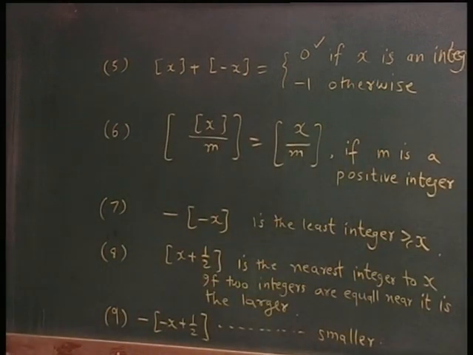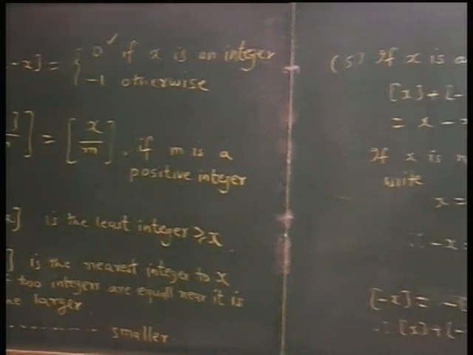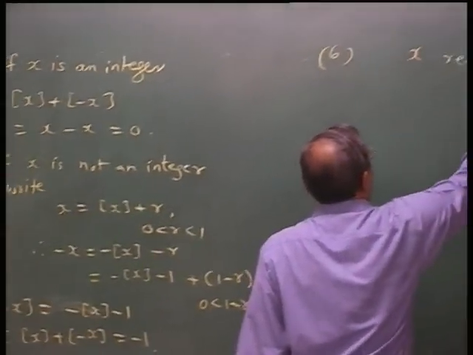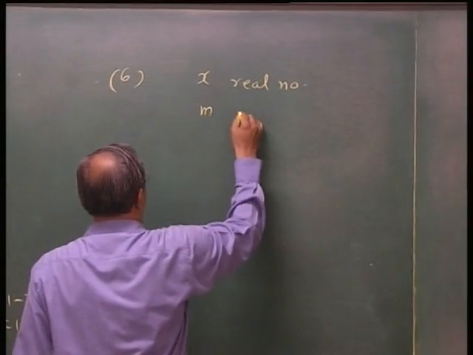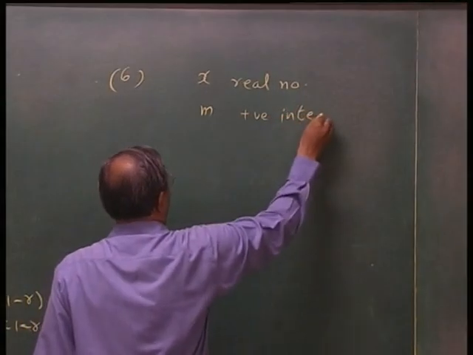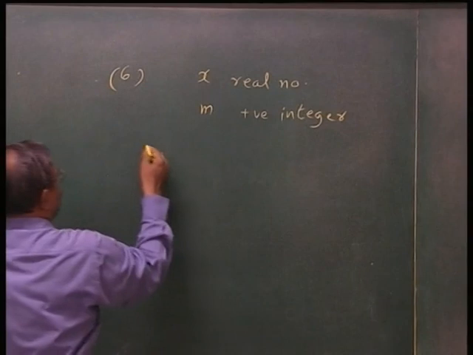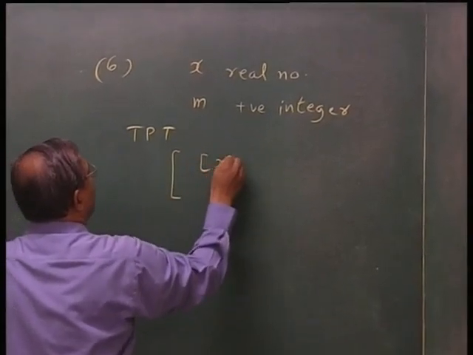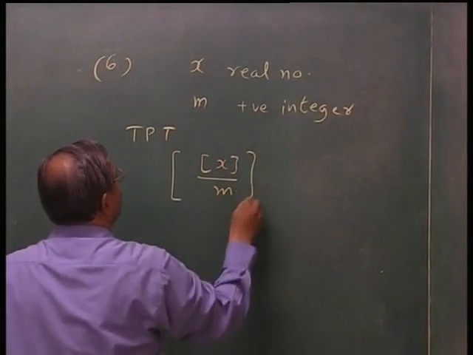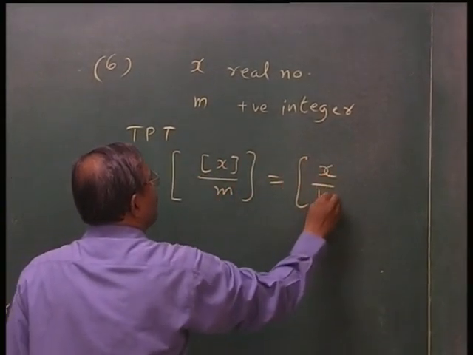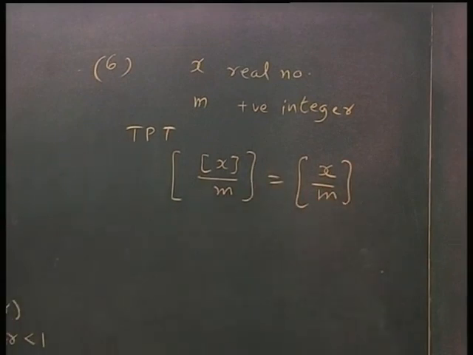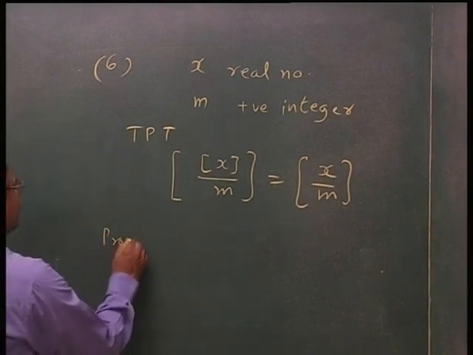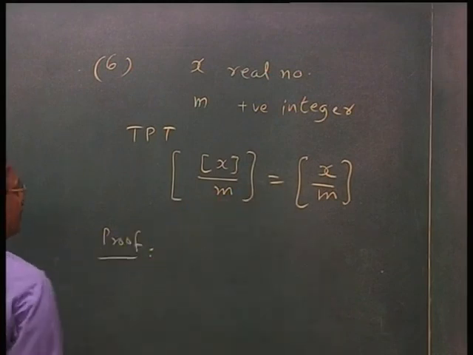To prove, so this is property 6, x real number, m positive integer. To prove that integral part of integral part of x divided by m is equal to integral part of x by m. So the proof of this is like this.